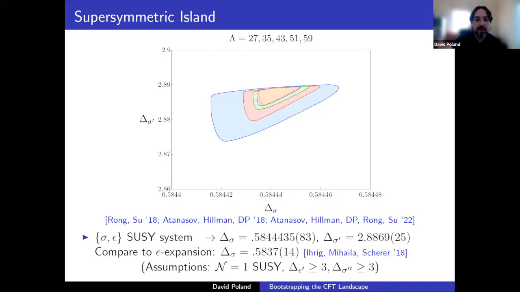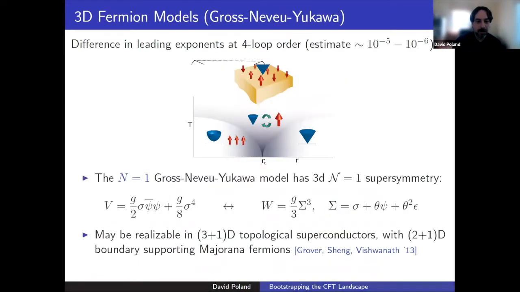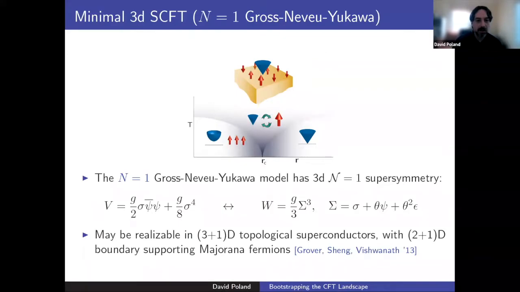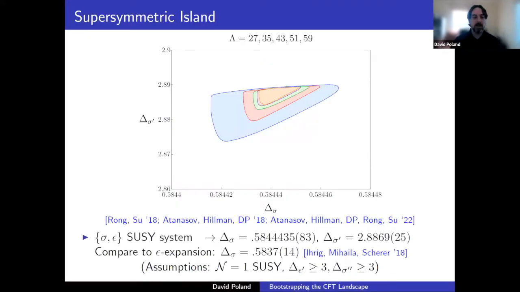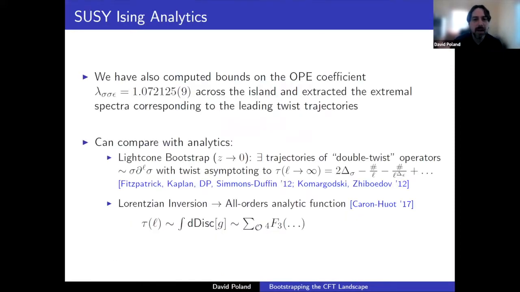So in the language of these Gross-Neveu-Yukawa models, this N equals 2 model has a complex scalar field. So there are two real scalars which have interactions with a complex two-component fermion. So it's just a slightly bigger model compared to this one.